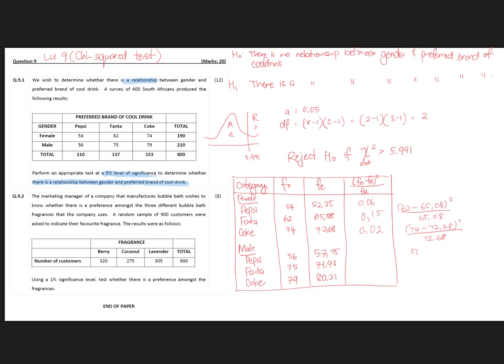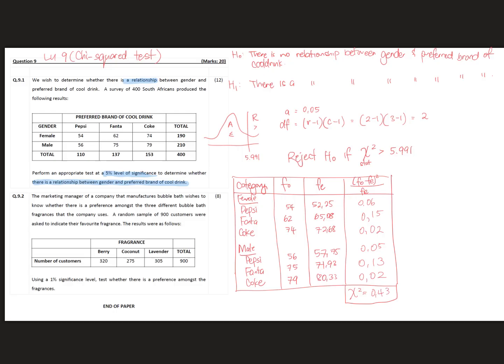So 56 minus 57.75 squared over 57.75, and that is 0.05. The next is 0.13, and then the last is 0.02. So now you'd add up everything in that last column, and this will give you your chi-squared statistic. And your value here for your chi-squared statistic is 0.43.